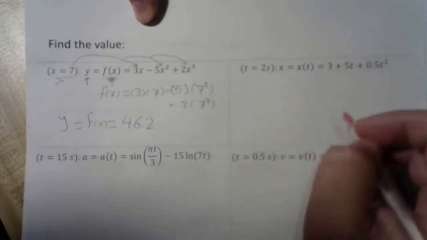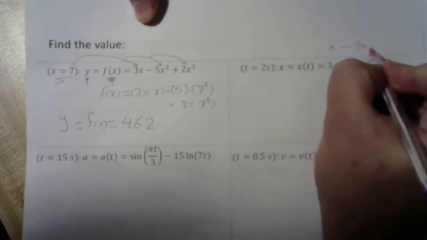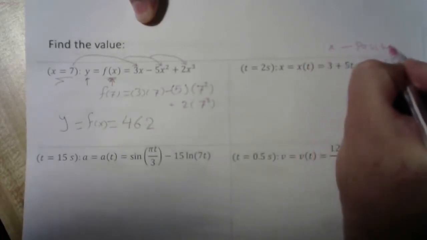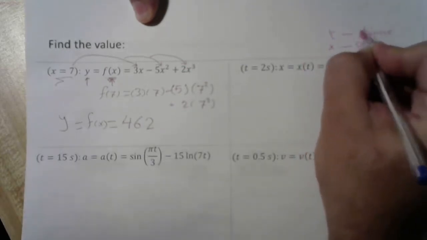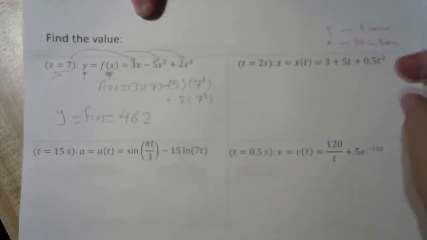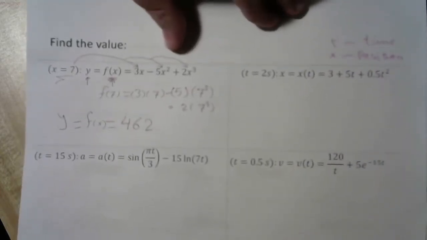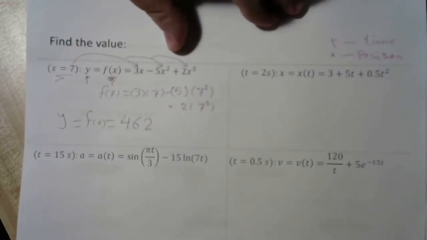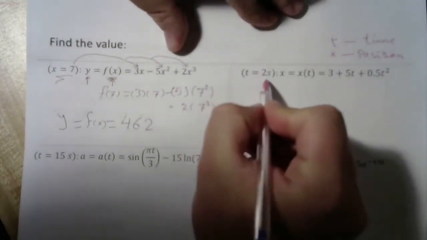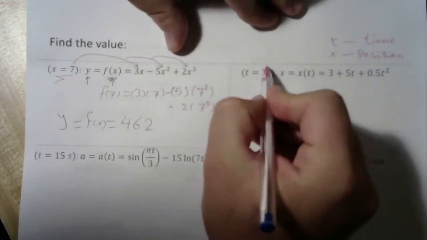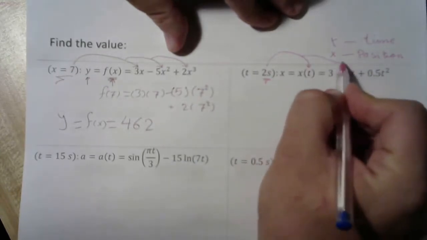I can now name x as a position and t as a time. In this case, I can understand it in physics terms. Okay, I need x at t equal 2 seconds. I can put 2 in t.